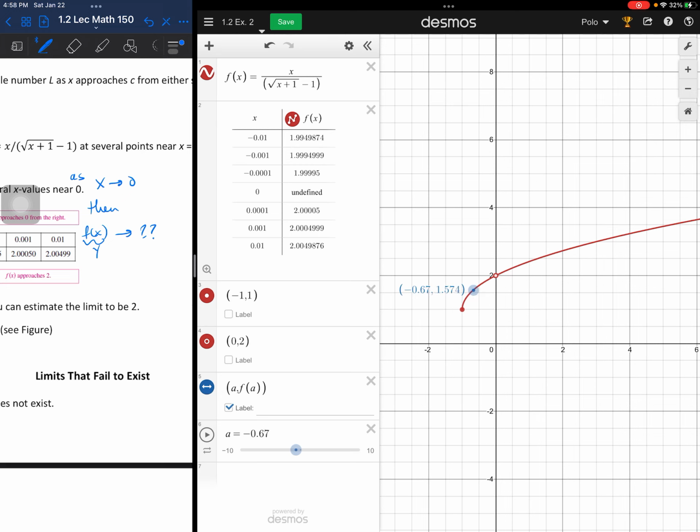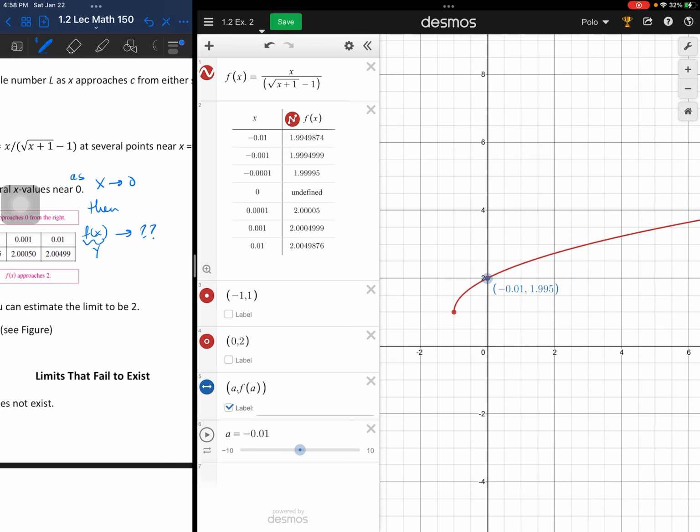The value of y goes up, goes up, goes up, and as x gets closer to 0, the y value is getting close to 2. And as x goes closer to 0 from the right side, it's getting smaller, but the value of y is getting closer and closer to 2.